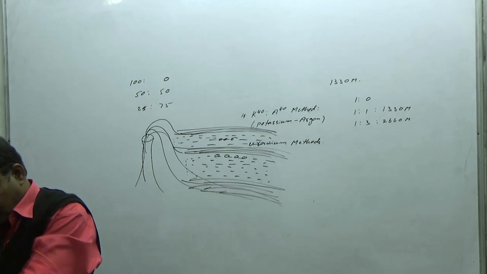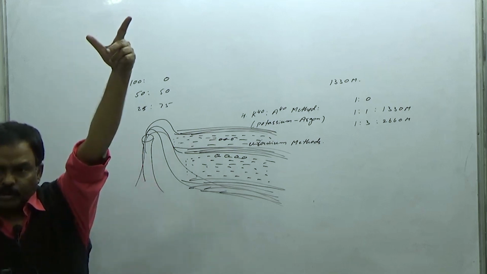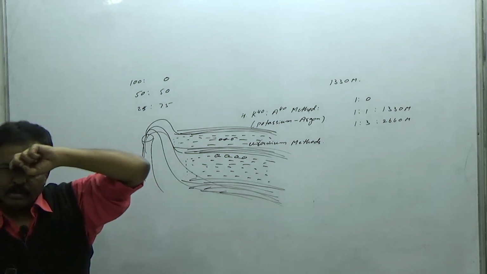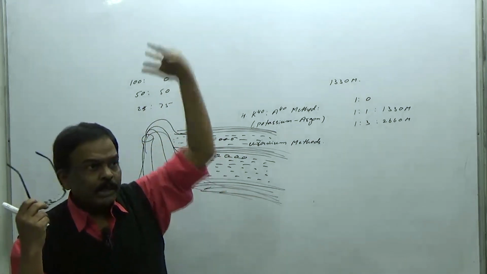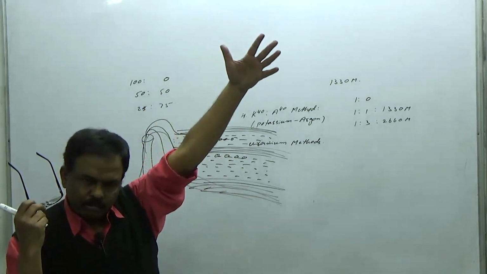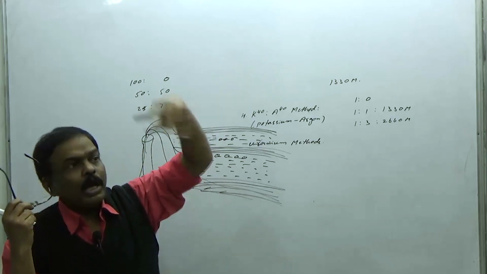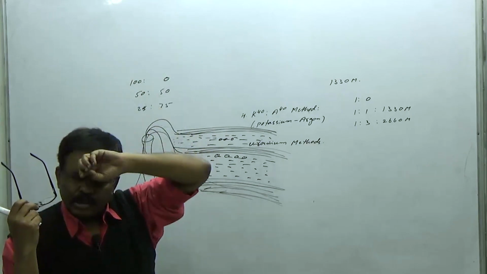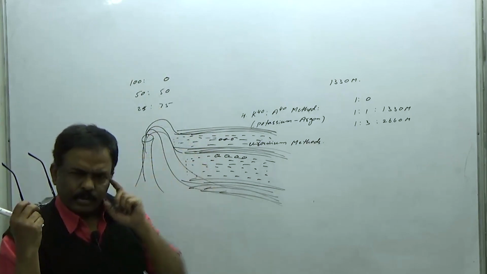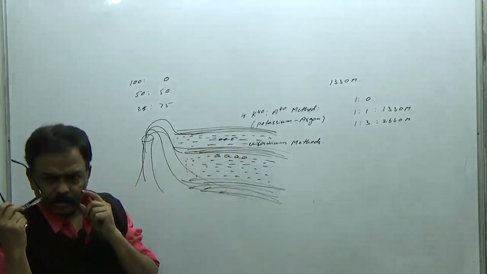On the basis of this, they analyzed that this is 2 million to 3 million, this is 2 million to 1.5 million, this is 1 million to 2 lakh, this is 2 lakh to almost 50,000. Something like that. So, this is potassium and argon.